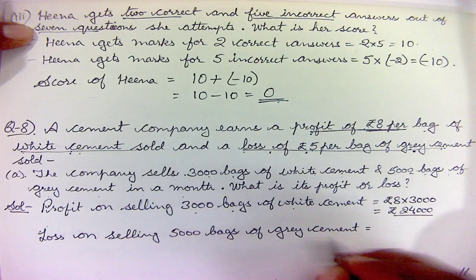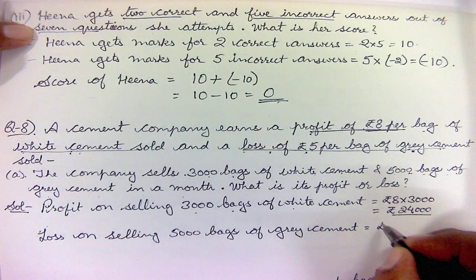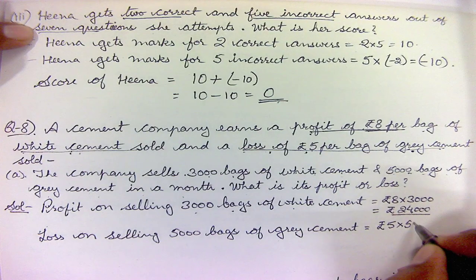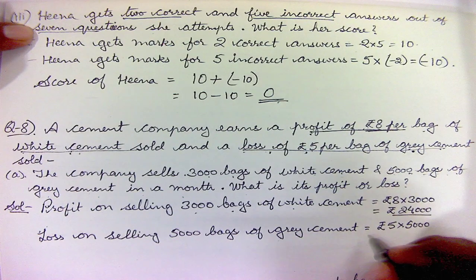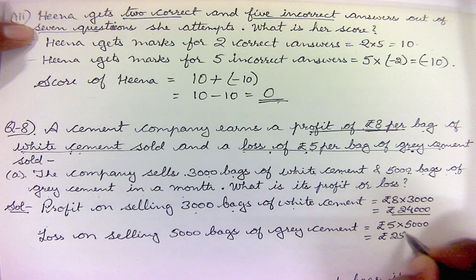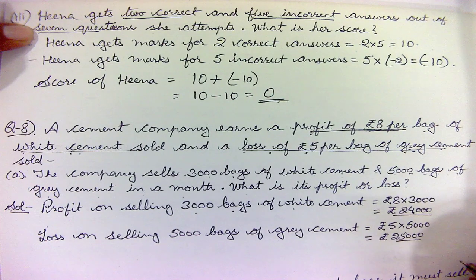Now 5000 bags of grey cement sold means rupees 5 loss on one bag, so it will be multiplied by 5,000, and rupees 5 multiplied by 5,000, it is rupees 25,000.